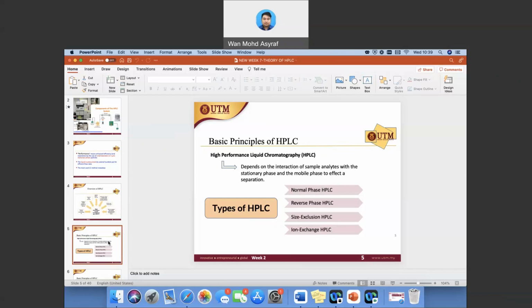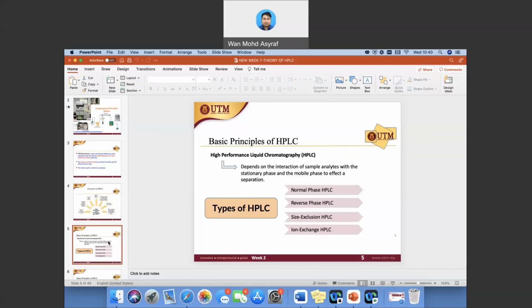Inside the column, you decide yourself whether you would like to have an interaction with the stationary phase or not. If you decided to have an interaction with the stationary phase, then you would spend more time inside the column. If you decide you don't want to have an interaction with the stationary phase, then you would just flow with the mobile phase through and elute out at the end of the column.